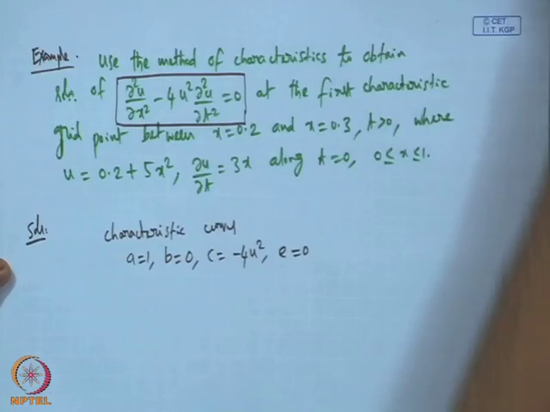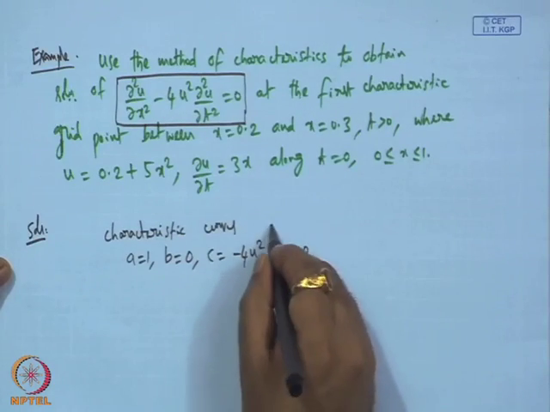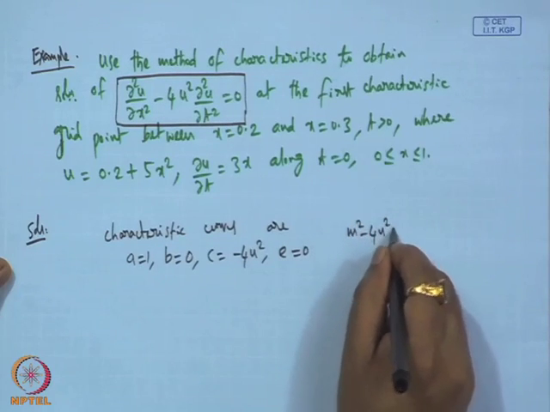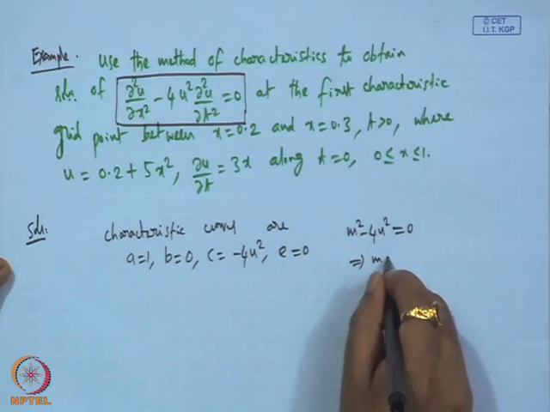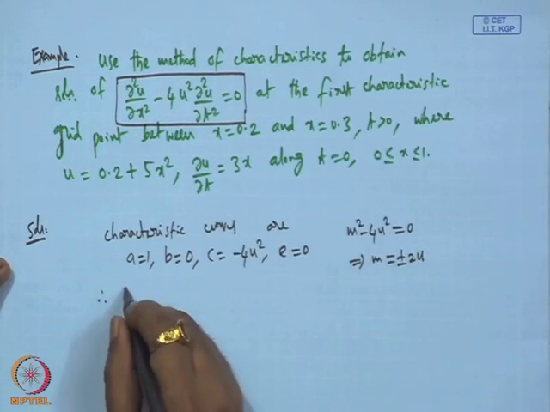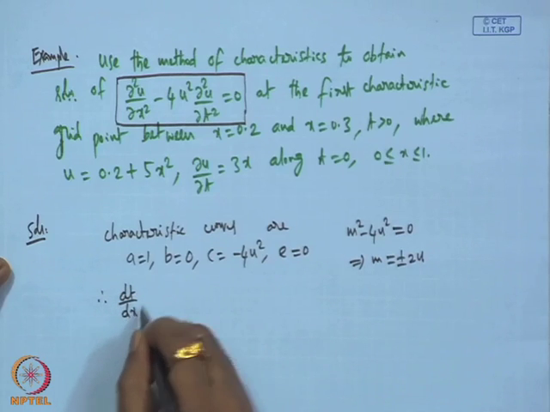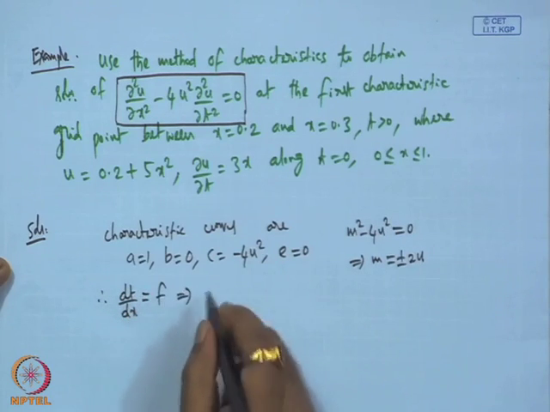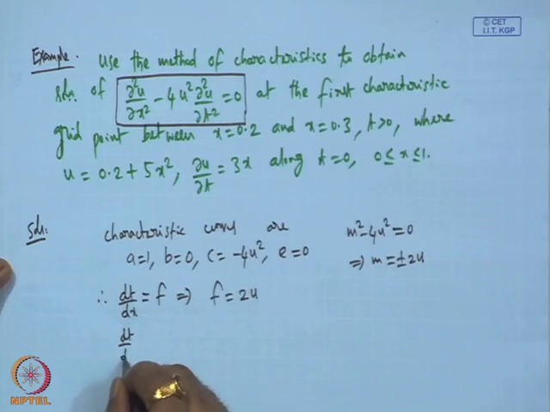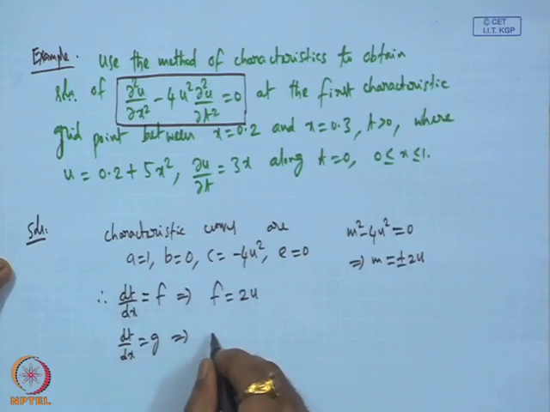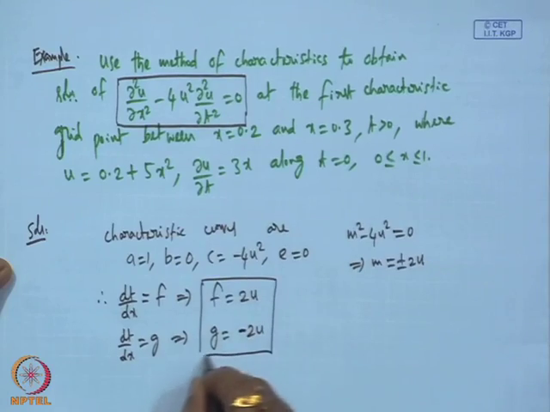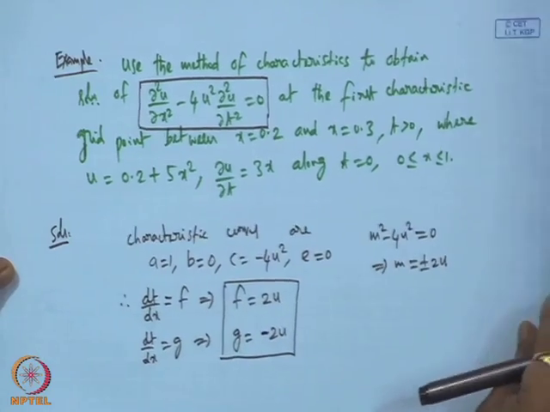Okay. So, the characteristic curves are dt by dx equals f, which implies f equals 2 u, and dt by dx equals g, which implies g equals minus 2 u. Okay. So, these are required for us.